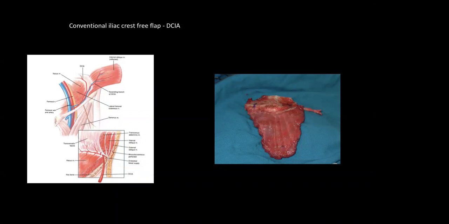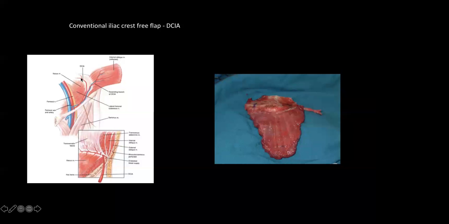So it is quite difficult to get a large skin paddle to resurface 2 cutaneous or mucosal defects. And the pedicle could be problematic because if patients have uncontrolled hypertension or peripheral vascular disease, they have issues. That is what led to exploring newer, potential sites for bone flaps. I had already described the DCIA flap in the last presentation.